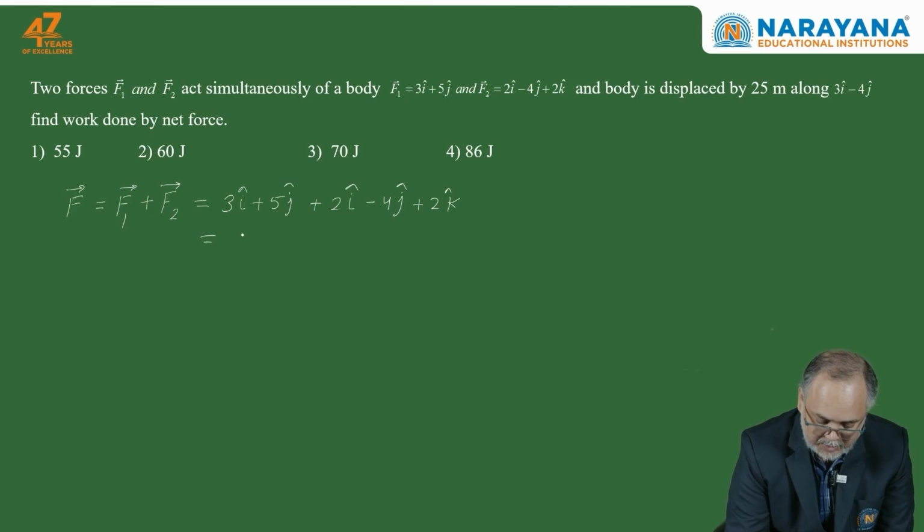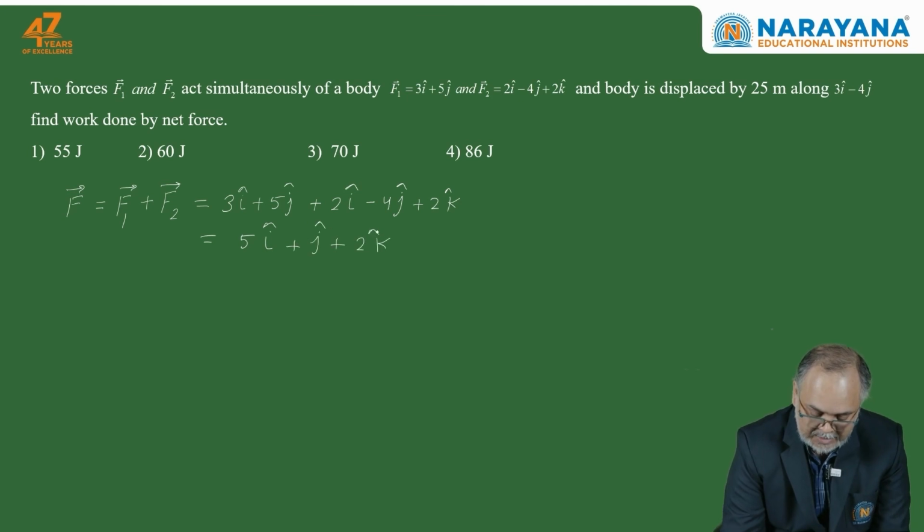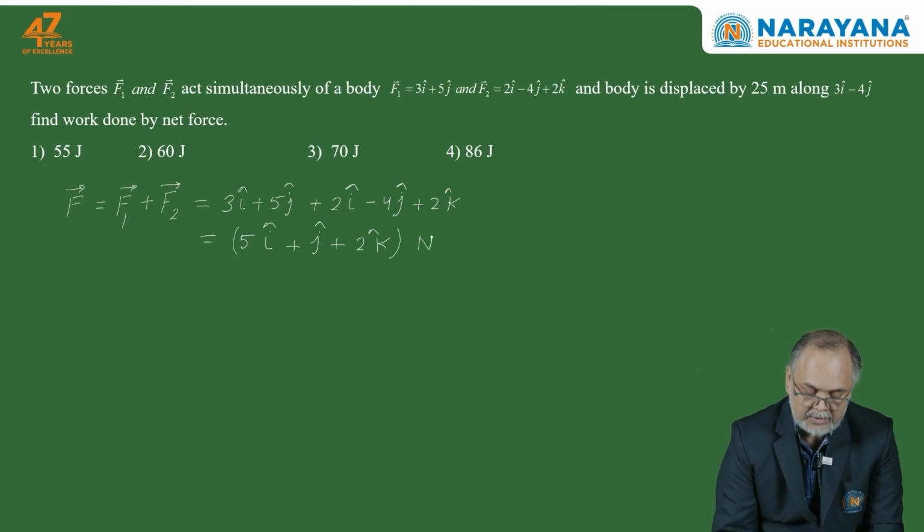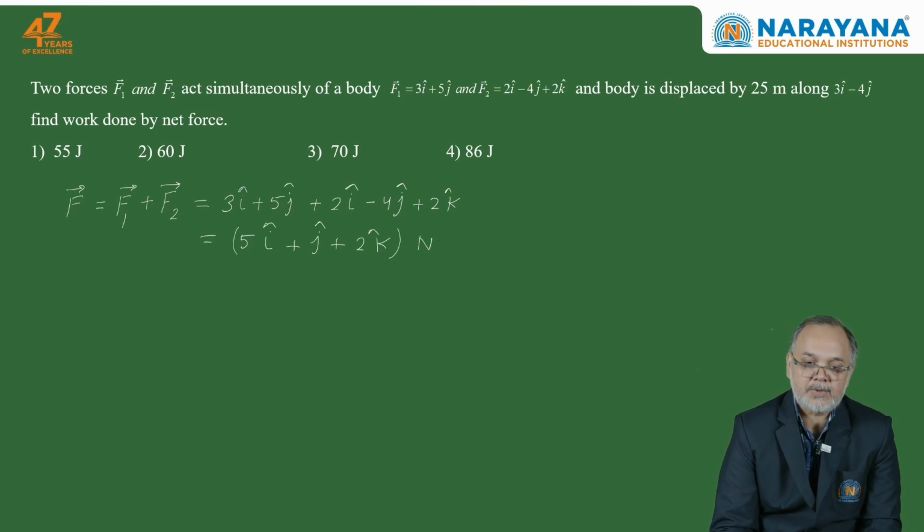So 3 plus 2, 5 i cap, 5 j cap minus 4 j cap, so that is plus j cap, plus 2 k cap. So this is the net force acting on the system.